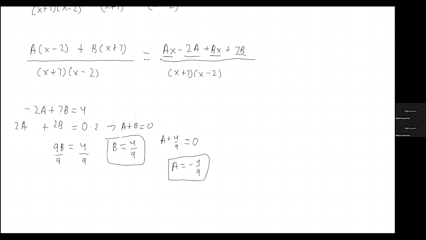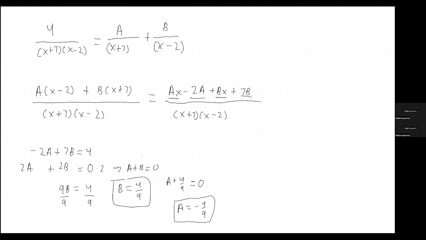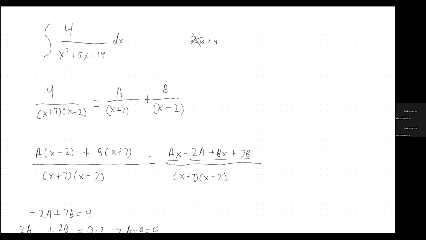Now using those, we need to bring back this equation right here, which is the 4 over (x plus 7) times (x minus 2) equals the A over x plus 7 plus B over x minus 2. So if we go over there, we got our B value, we got our A value.